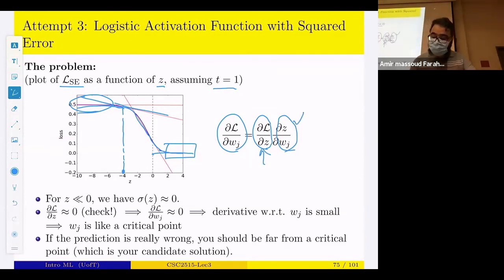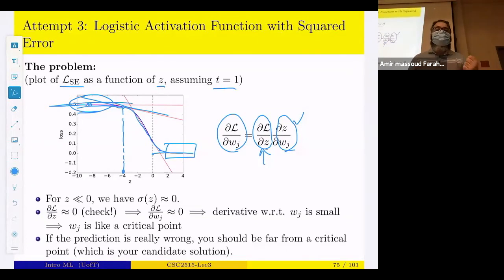And the first term says that if z is a very negative value, then this partial derivative is almost equal to 0. It's very flat. As we get to this point, this is almost flat, so the gradient or partial derivative would be almost 0. So what does it mean?